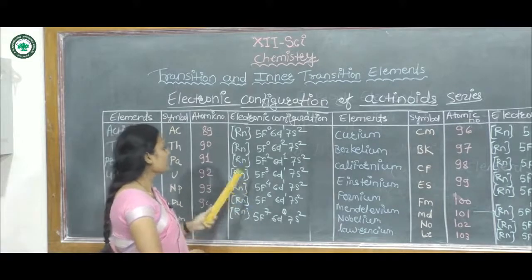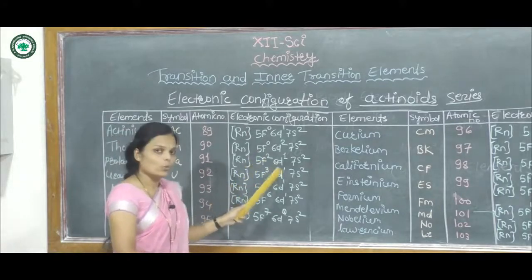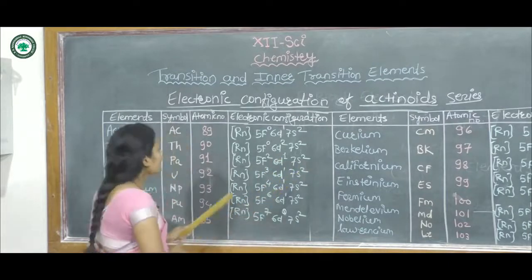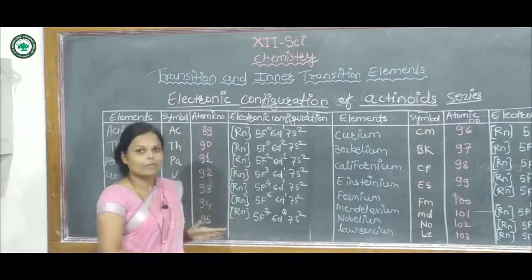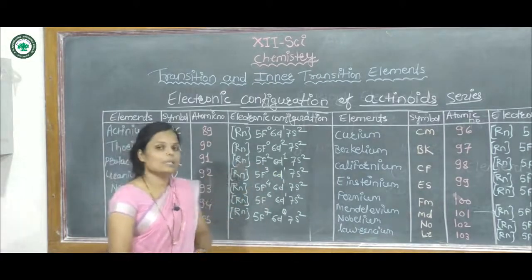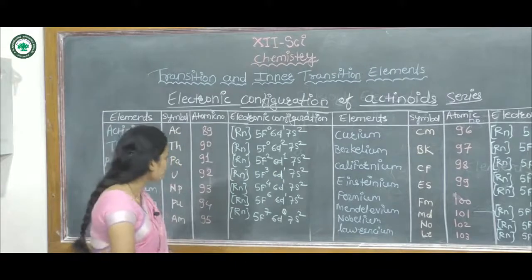Electronic configuration is 5f2, 6d1 and 7s2. Here is an f orbital in which 2 electrons are present, and in the d orbital 1 electron is present.